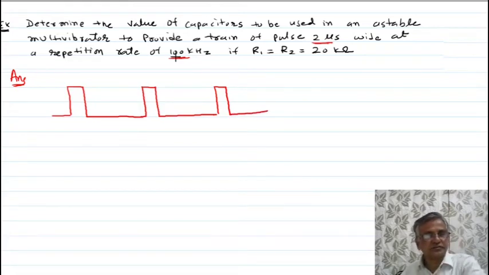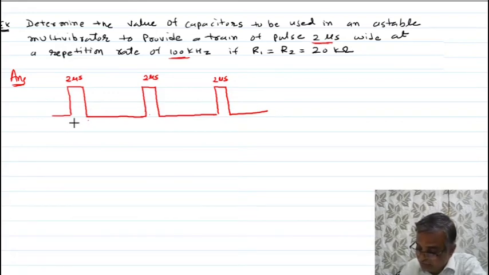This is your 2 microsecond pulse. After 100 kilohertz frequency, you will again get 2 microsecond, again 2 microsecond. Set a repetition rate of this.